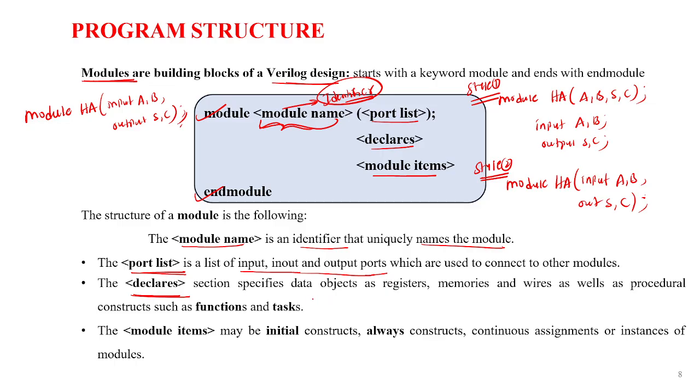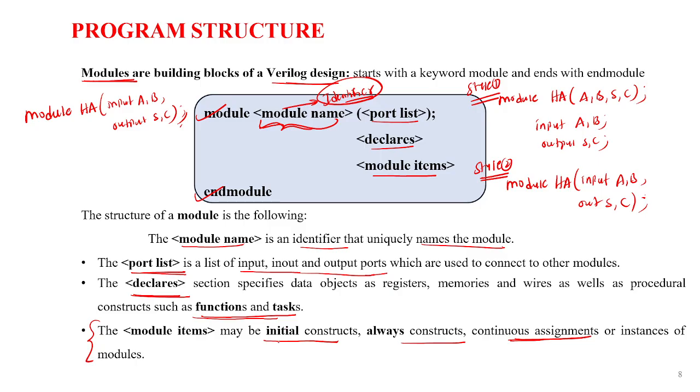You declare your variables with data types, whether reg data type or net data type. If you are using functions or tasks, there you need to declare the functions and tasks. And module items means you need to write the procedural blocks, within the initial construct or always construct, or we can use continuous assignment statements also.